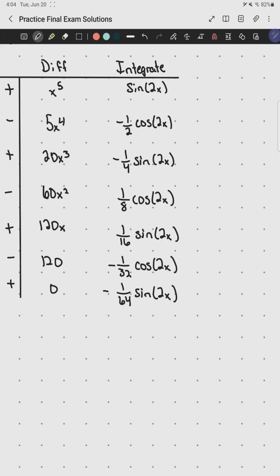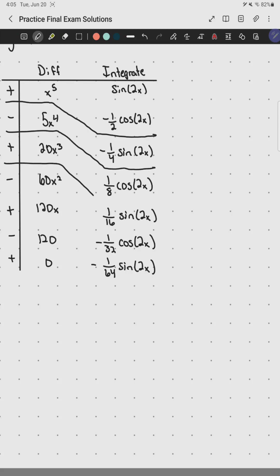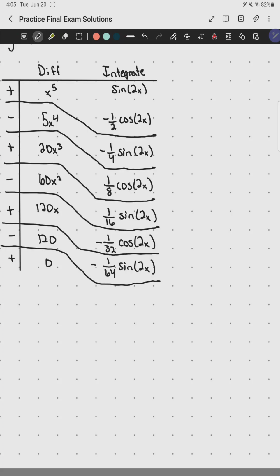Now if the x to the 5th didn't cancel out at 0, we would actually stop the integration here and then take an integral of that. But since we have something that zeroes out, all we have to do is take our diagonals, keeping in mind all of the addition and subtraction signs.